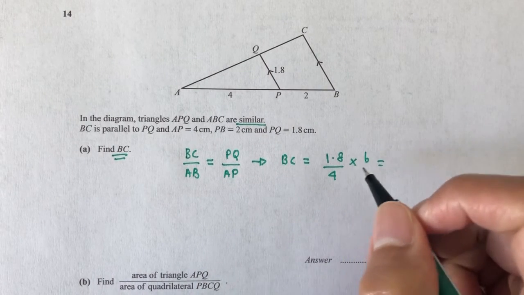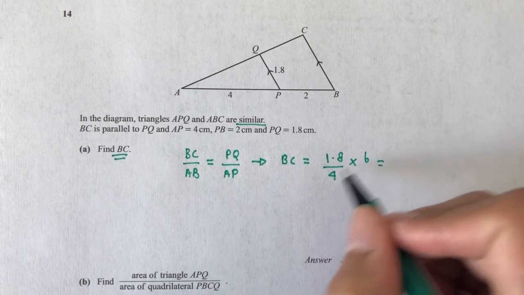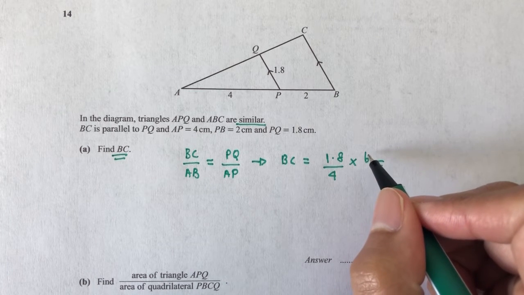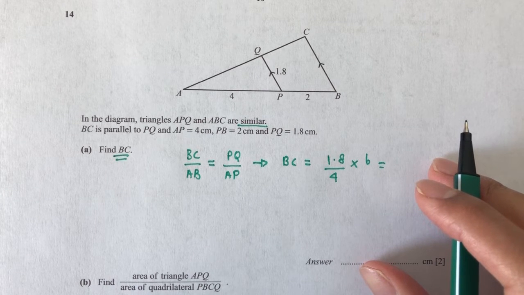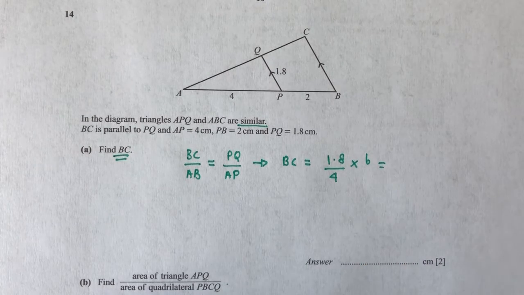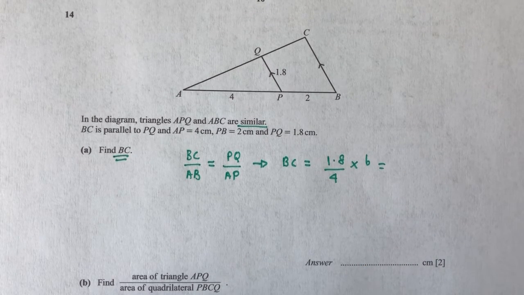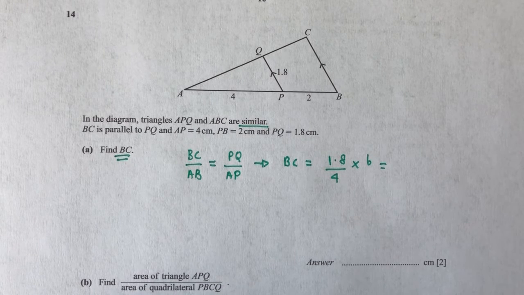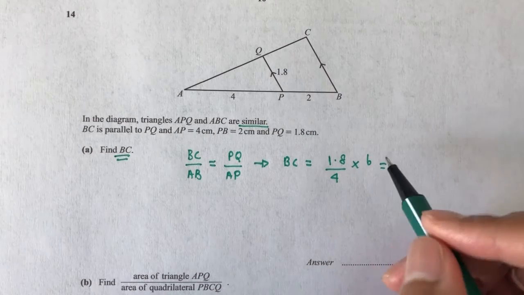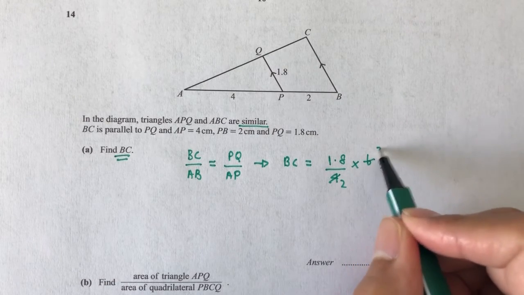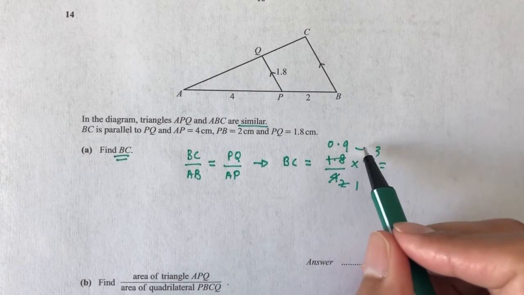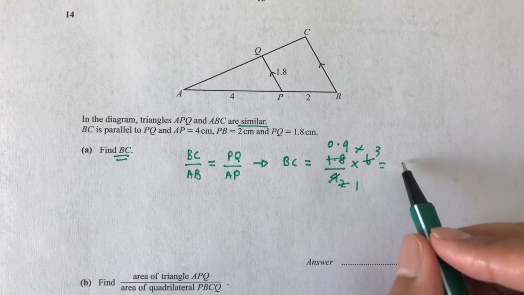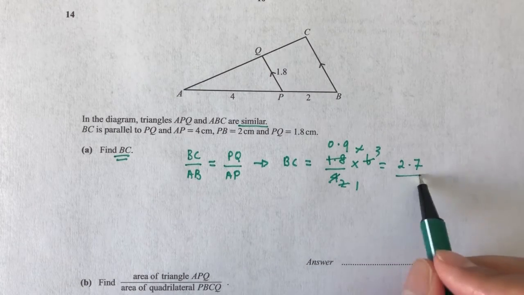So divide by 2 will be 3. That's not the right answer, isn't it? Oh, right, 2. So 0.9 times 3, we will have 2.7. So the length of BC is 2.7.